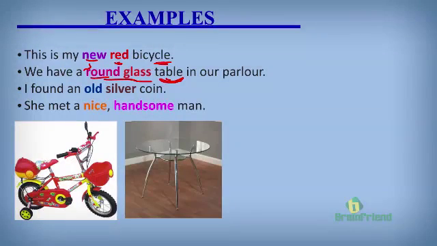I found an old silver coin. Coin, an object, noun. Old tells us that the coin is old. It's been there for a long time. Silver tells us the color and also the quality. Silver and old are the adjectives qualifying the noun coin.